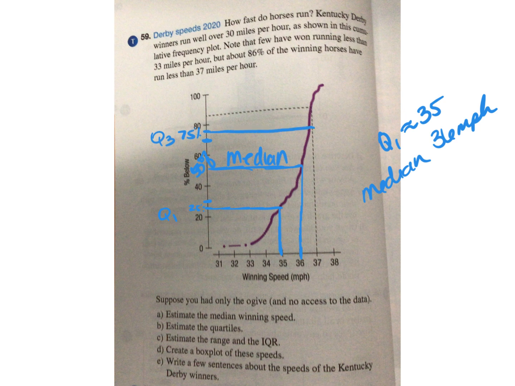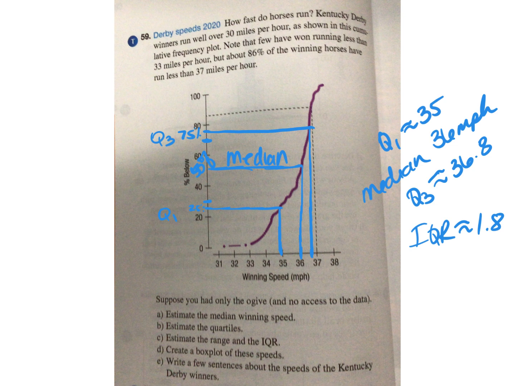Draw my line over, drop it down. Would say that's about 36.8, 36.7. There's no way to know for sure. Then could you find your IQR? 36.8 minus 35, approximately 1.8. Okay, so that's how we read and answer questions about our ogives.